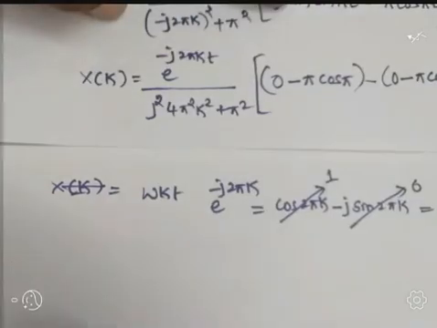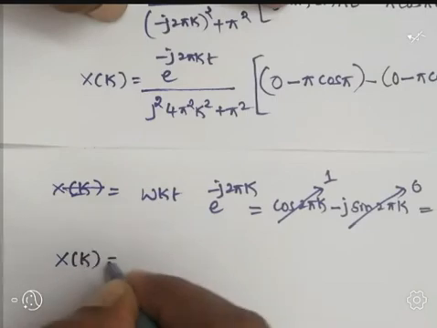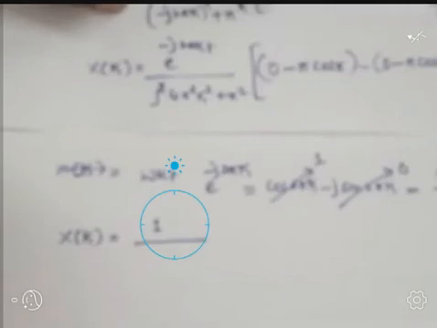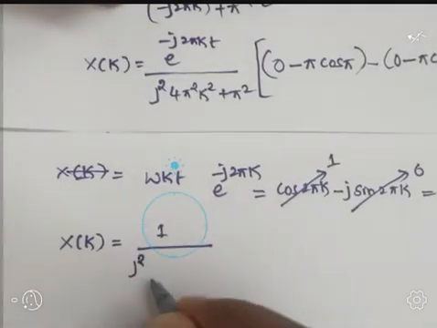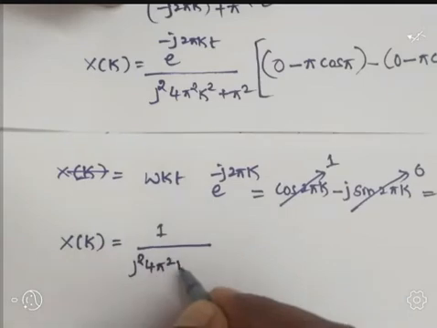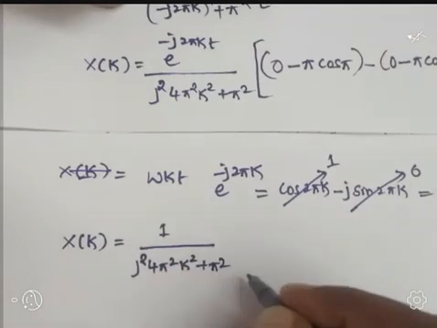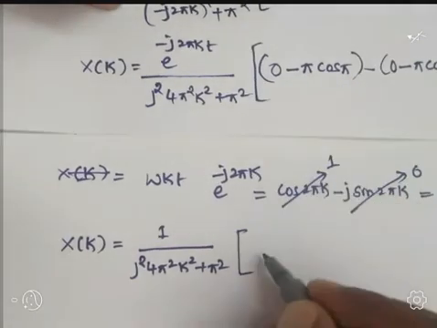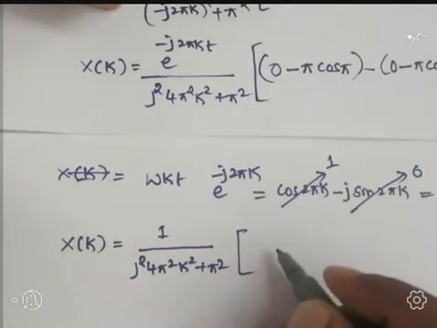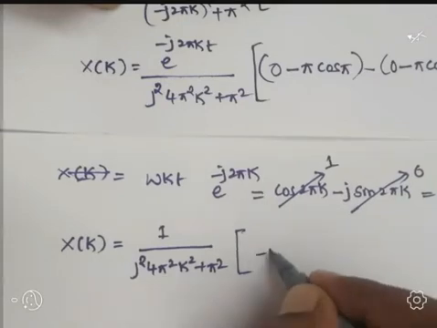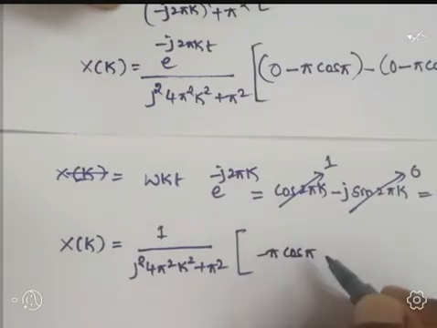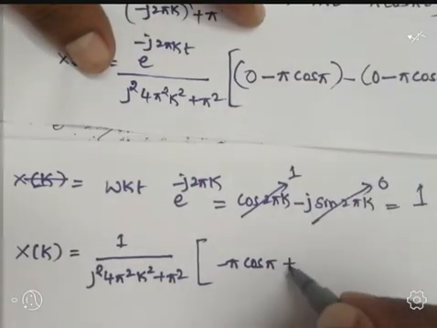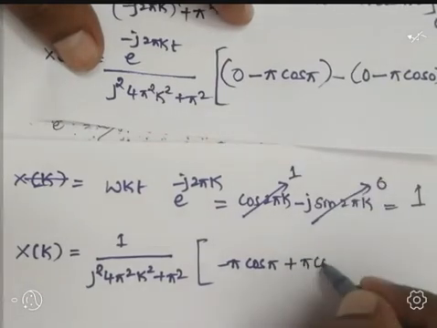So let us write x of k equal to 1 divided by denominator as it is j square 4 pi square k square plus pi square. And next I am going to simplify this term, minus pi cos of pi, and next 0 minus into minus plus pi cos of 0.